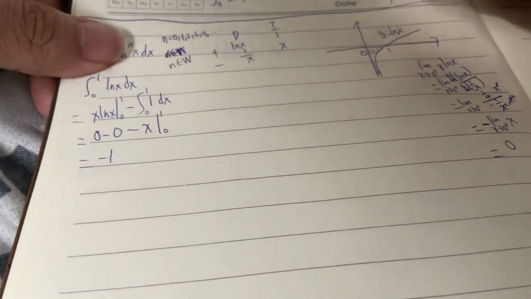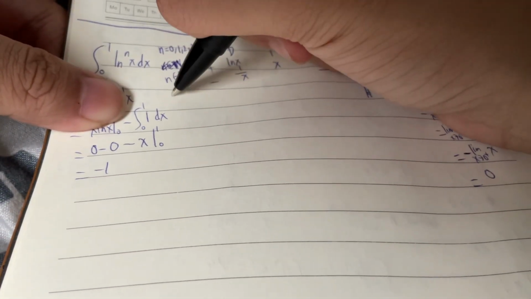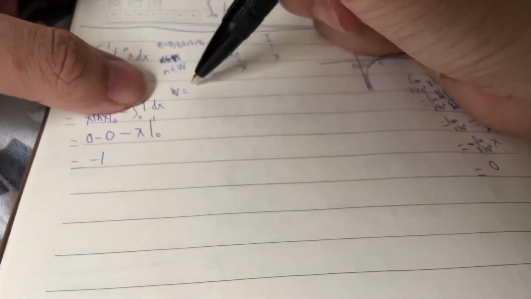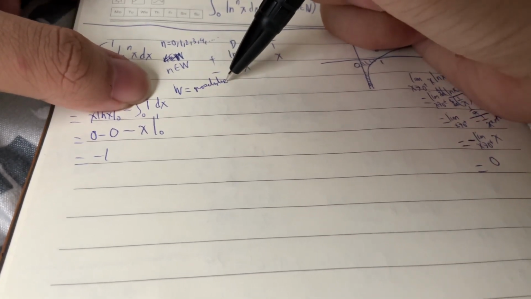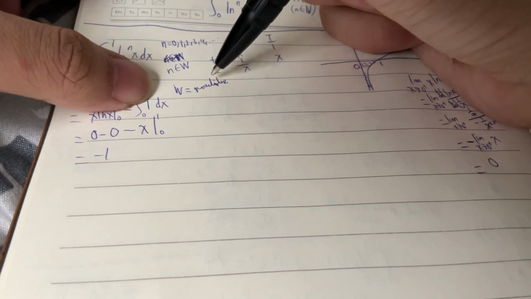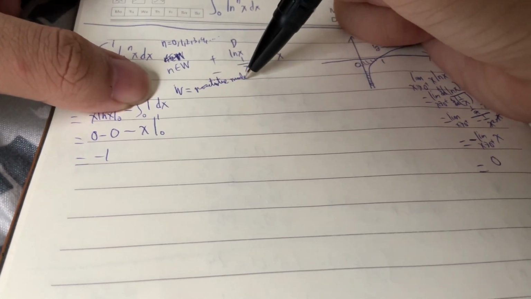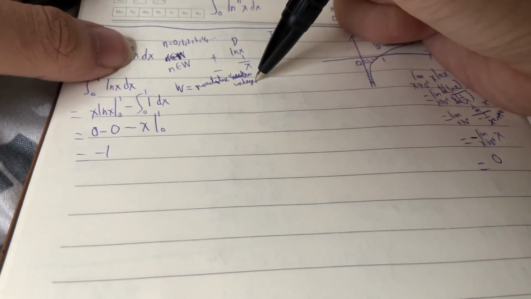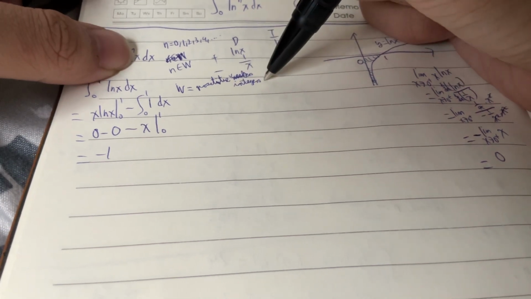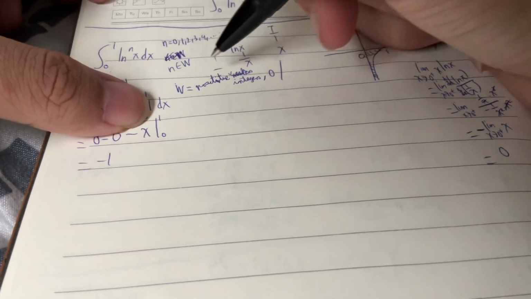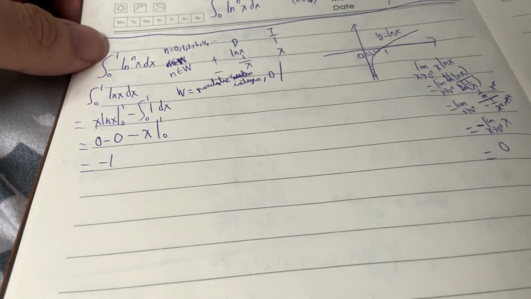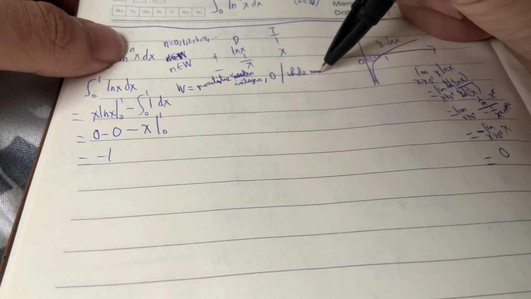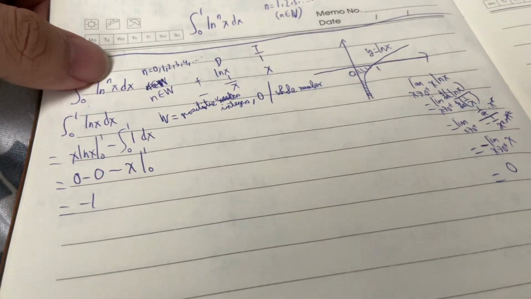Or you can call W, let me show you, W is equal to the positive integers and then 0, or you can call this our whole numbers. Whole numbers just means 0, 1, 2, 3, 4, like that.